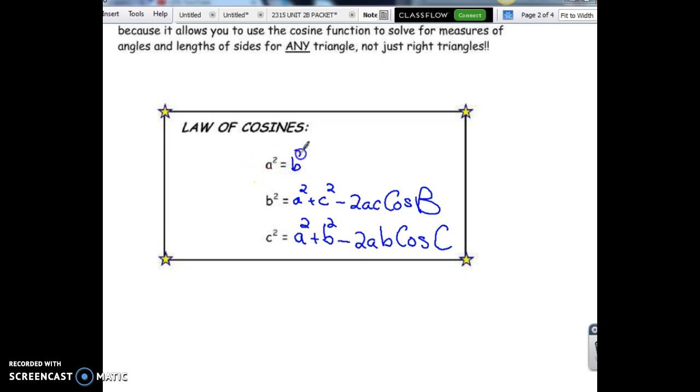That would be B and C. Again, kind of looks like the Pythagorean theorem. Definitely down here, but not up here. Minus twice these two sides, B and C, times the cosine of the angle across from this side, which will be capital A. Okay, so there's the law of cosines. As you can see, they look very similar in every case.